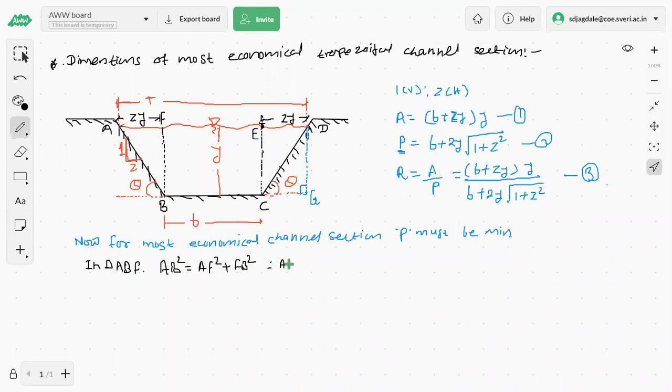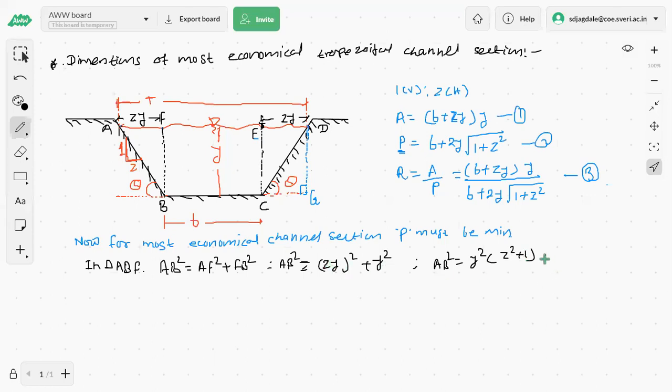That is, AB square is equal to AF, which is zy, so (zy) whole square, plus y square, isn't it? So AB square is equal to, taking y square as common, y square into bracket z square plus 1.